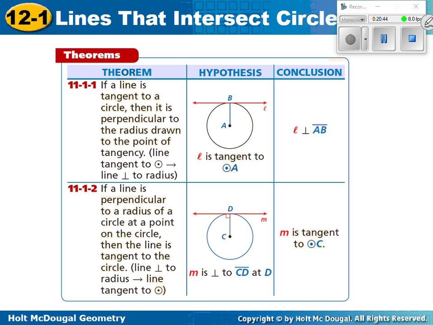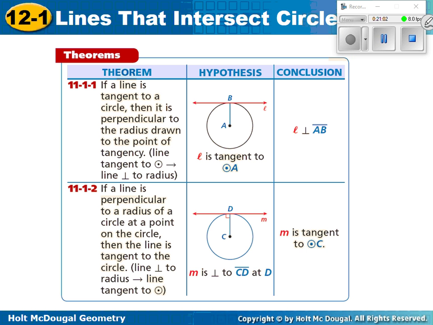And again, the hard part for Chapter 12 is keeping the theorems straight in your head, memorizing your theorems. You don't need to know what it says in words. You don't need to memorize the name. This is really the same theorem. It just goes both directions, so it's biconditional. Here's what it says.